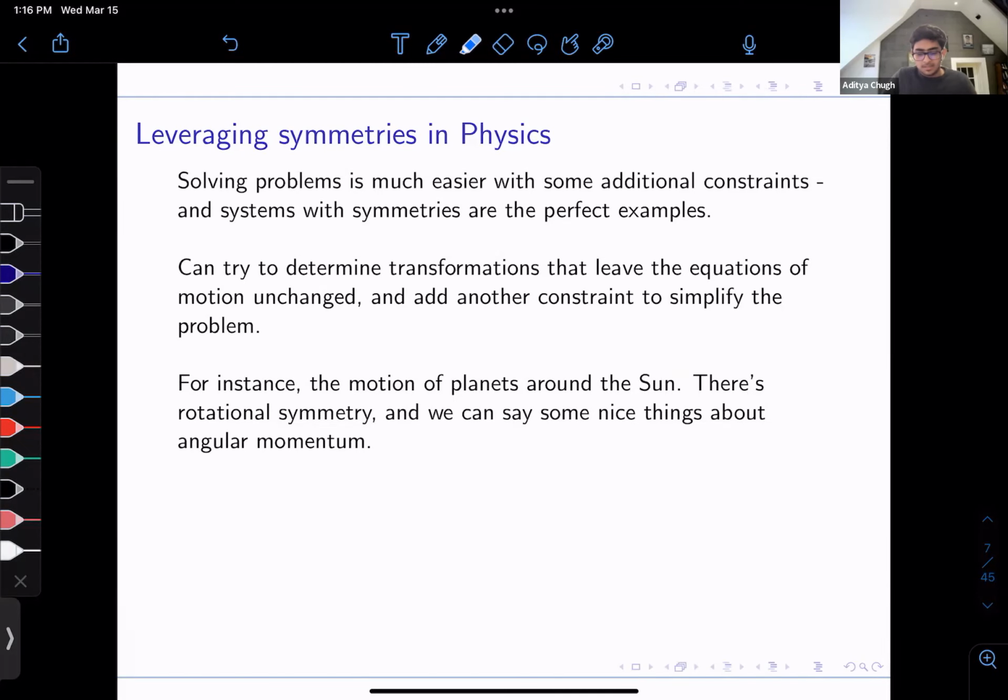Angular momentum is like a measure that takes into account the velocity of the body and the distance from where it's feeling the force, and it helps relate those two. Once you have this connection, you can use it elsewhere, and it's like an additional constraint on your system. There's a relationship between them, and that would really help simplify the problem.